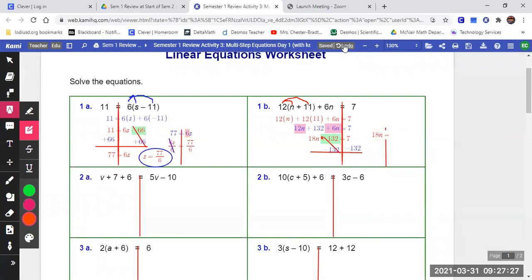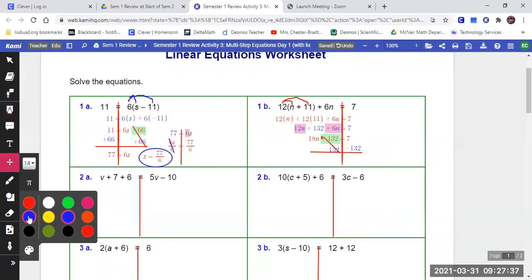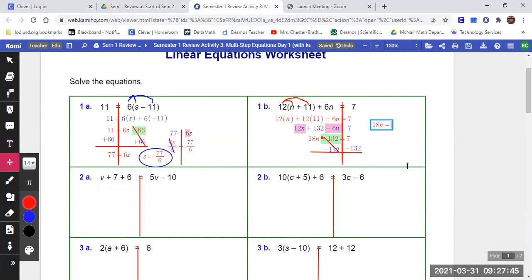I'm backing up to see if I can undo what I did. I want to rewrite it. So I had 18n that equaled negative 125. That's how we figured this out.